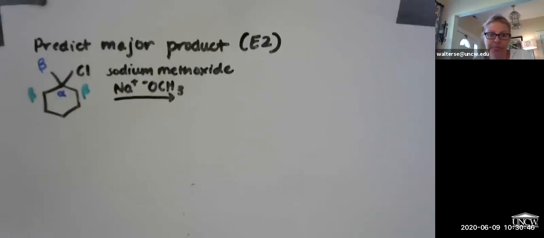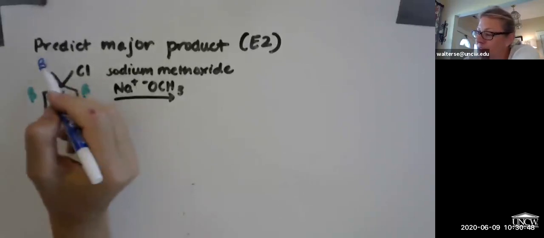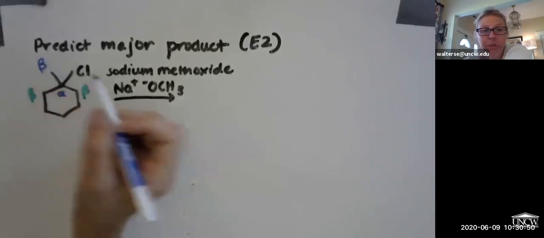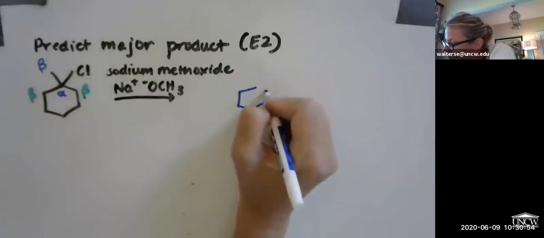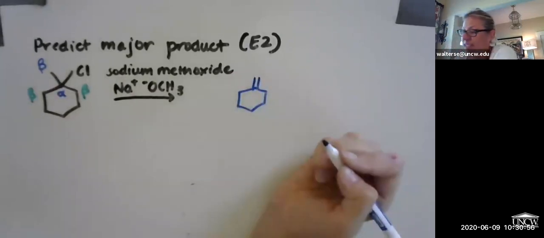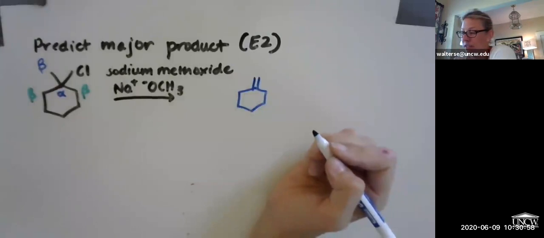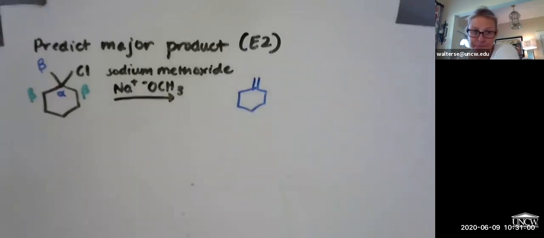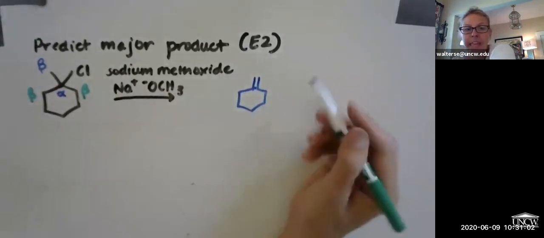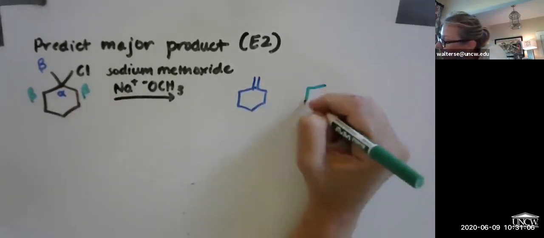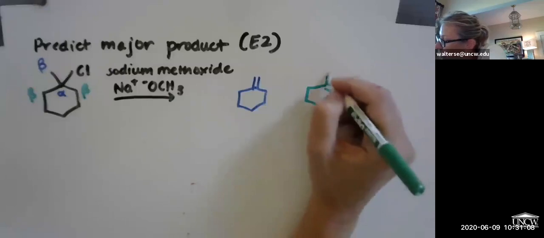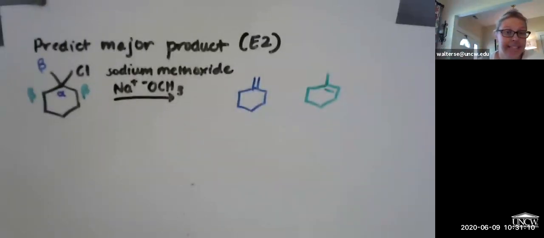Okay. If you pull from the blue beta carbon, your product is going to look like this. Okay. If you pull from a green beta carbon, your product is going to look like that.